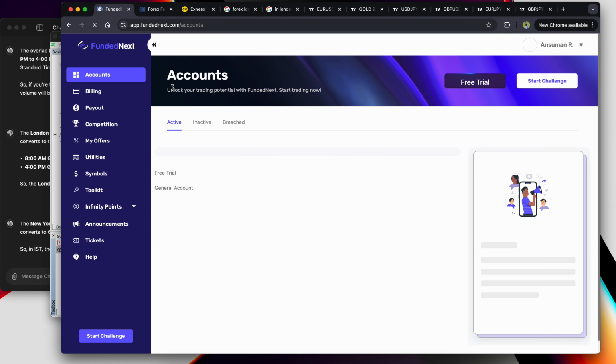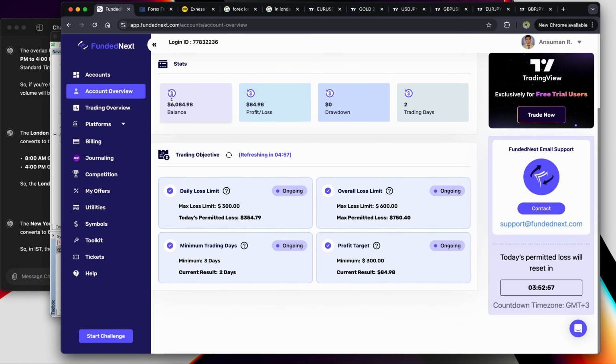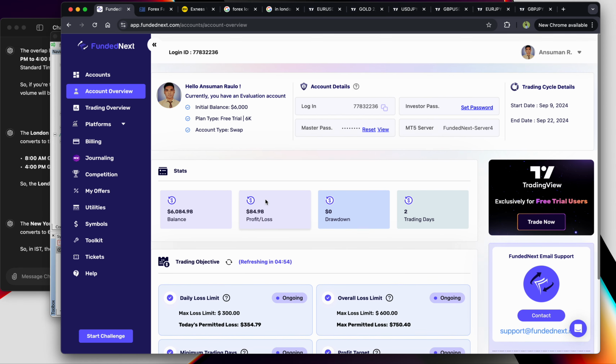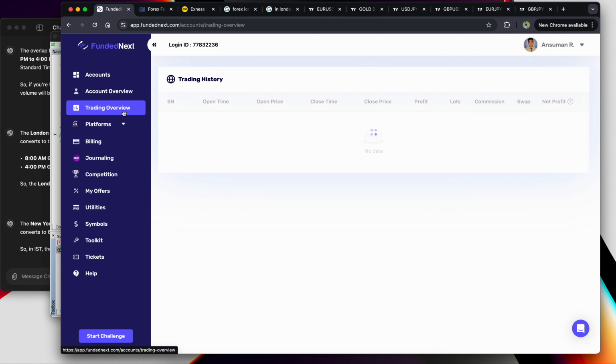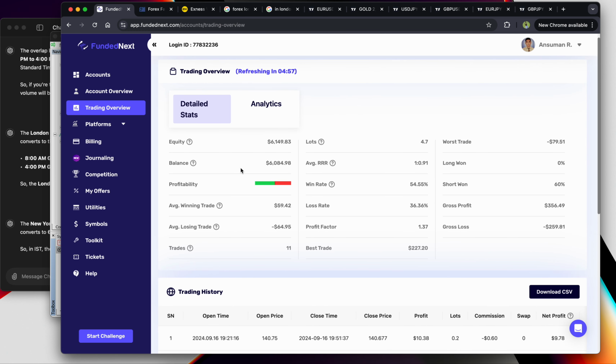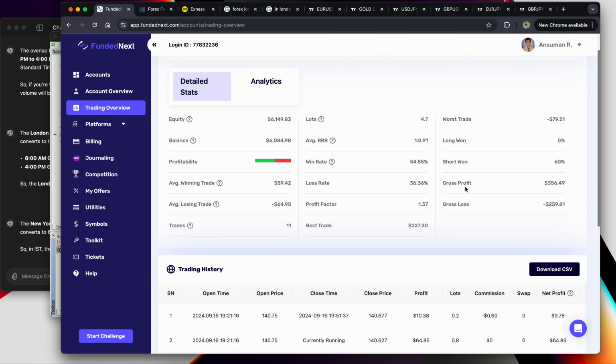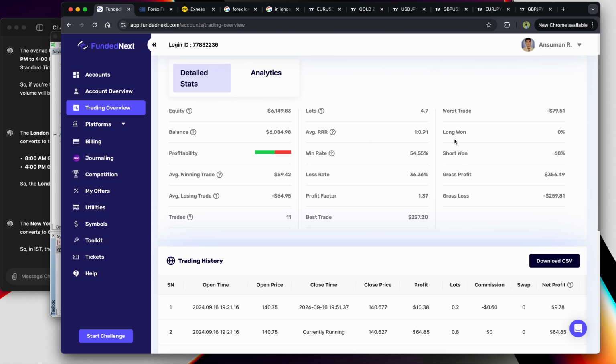calculated. Let me show you the calculated return that I have generated, and all this data is of today. Today only I started this trading overview, and this is equity, due to which my recent trade is going on. This is a worst trade, the long one.